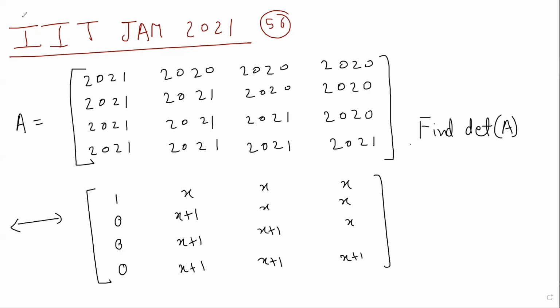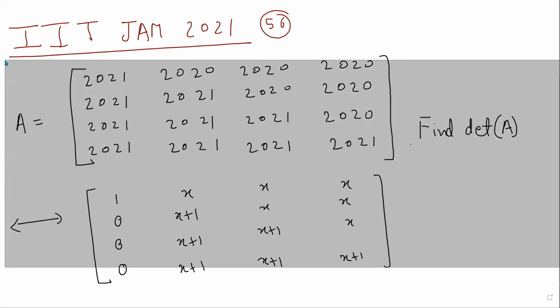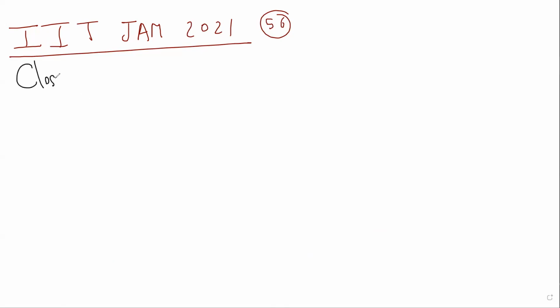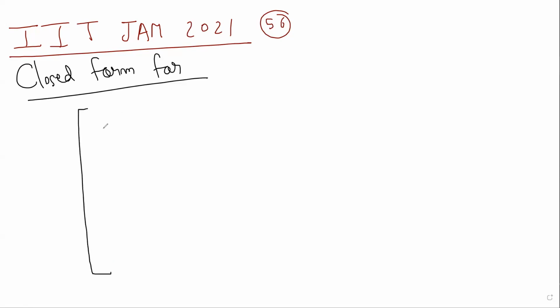Okay. However, we can pose the following question. So I'm just erasing this because we understand that we can just do it. But can we find a closed form for the following? Now, just a generalization.